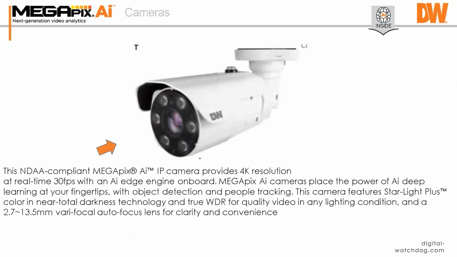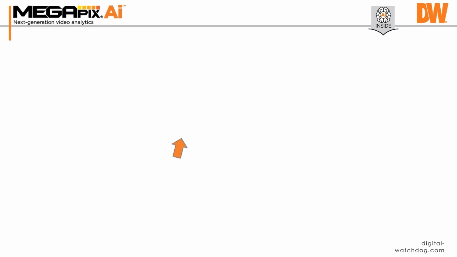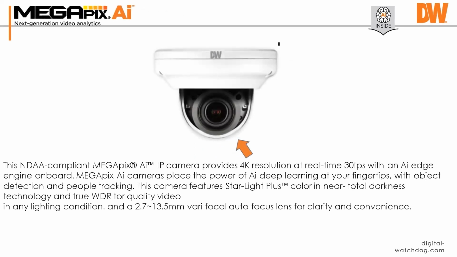So we also have a 4K bullet, 30 frames. Again, the AI built into it. Very good low light and a varifocal lens on it. We also have a dome, same specs. Again, built-in AI at the edge on the camera.